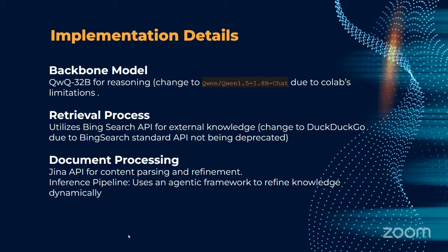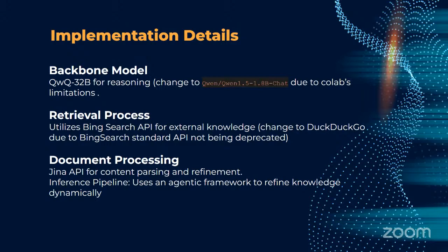These models were quite huge, and we could not run them with the resources that we had on Colab. When it comes to retrieval processes, we had Bing Search as the default search API, and due to the standard API being deprecated, we decided to change the search to DuckDuckGo. So we had to customize our search to use DuckDuckGo, which was actually free, and that was a plus.